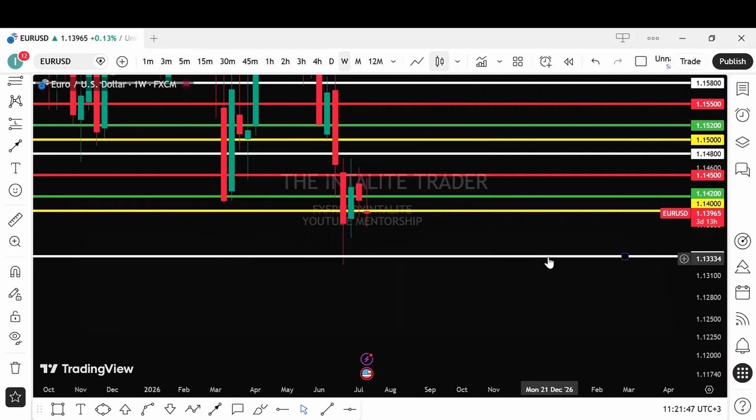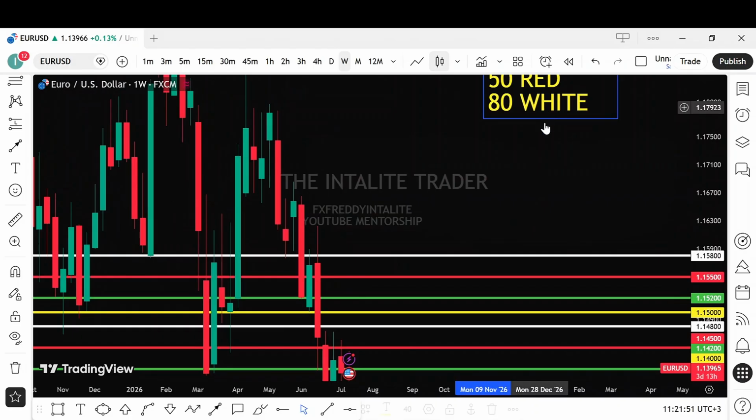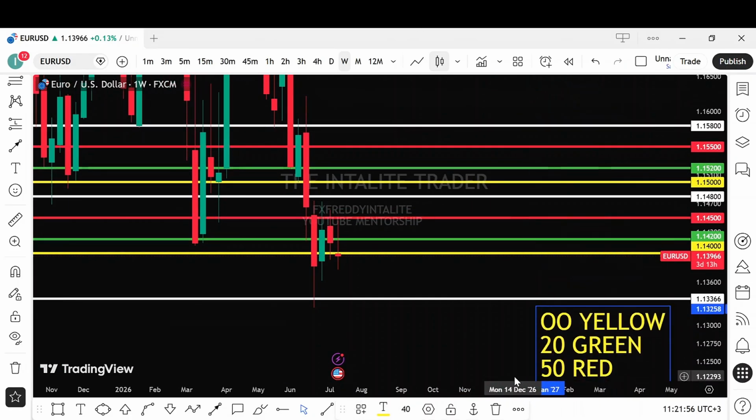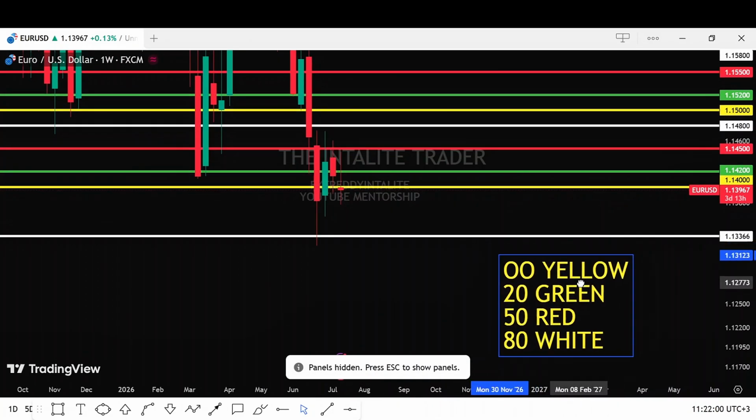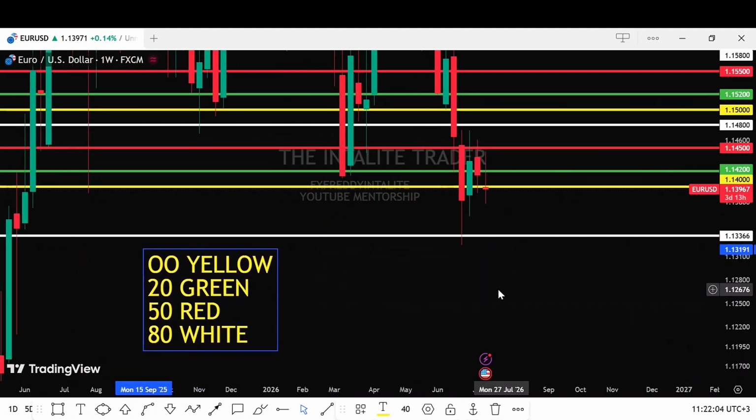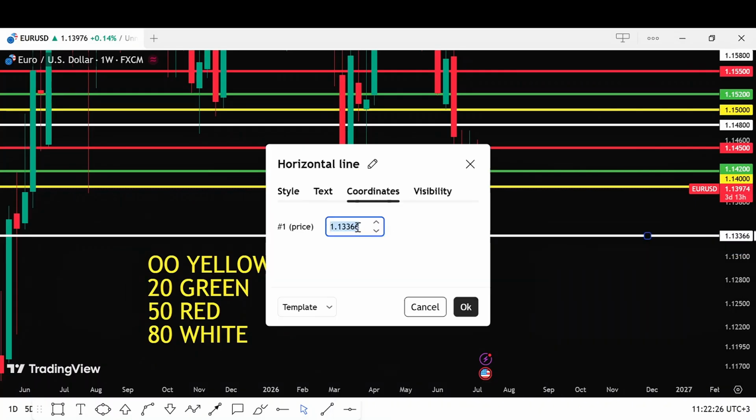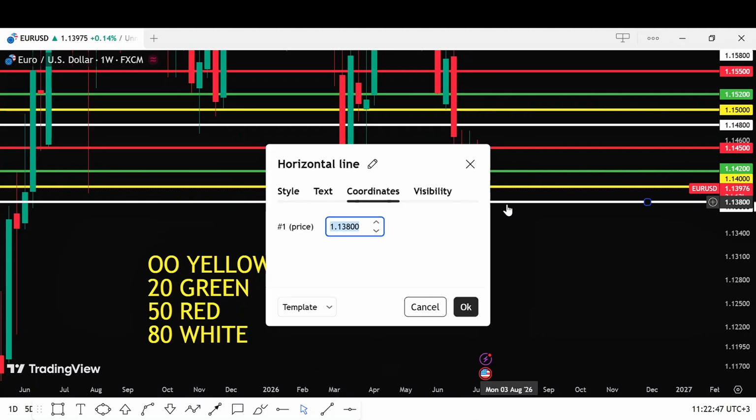So the number below, if we follow the same system, if we are to get a number below 1.14, where price is right now at 1.1397, the institutional level between 1.1397 and the next level is 1.1380. We mark that.